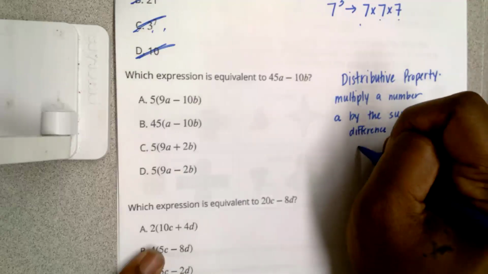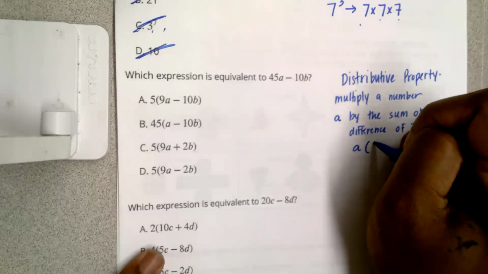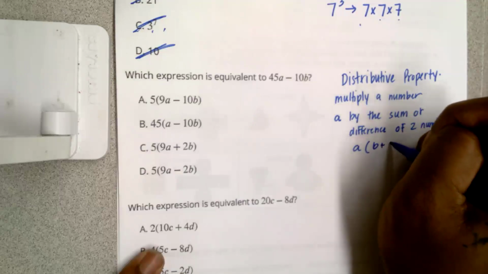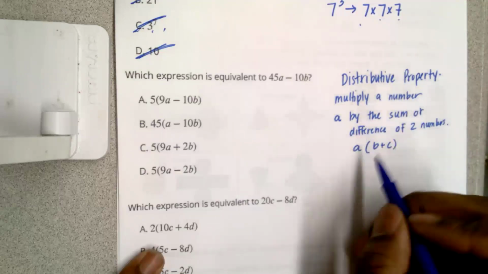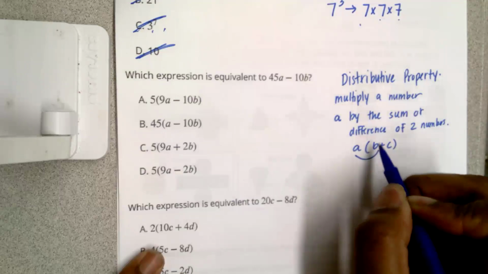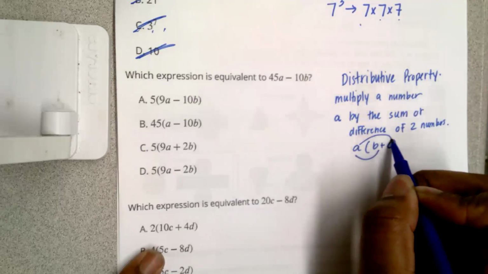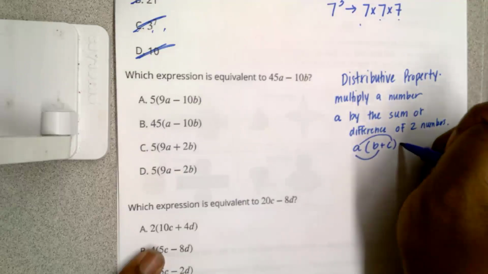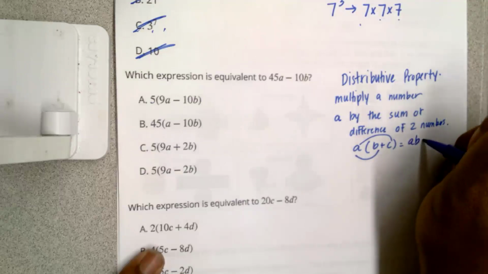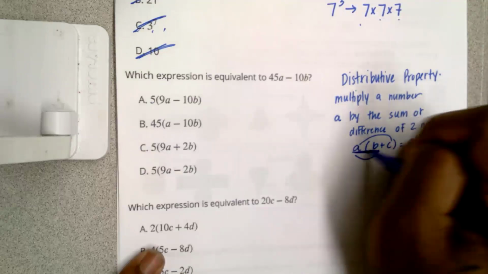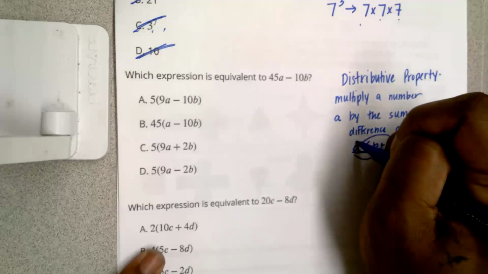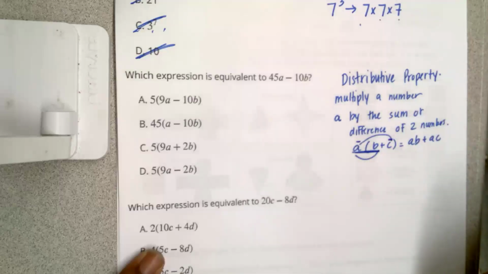So for example, we have A and we have B plus C. A is just being distributed into B and A is being distributed into C, which will make it AB plus, that's this one, AC, and that's this one.